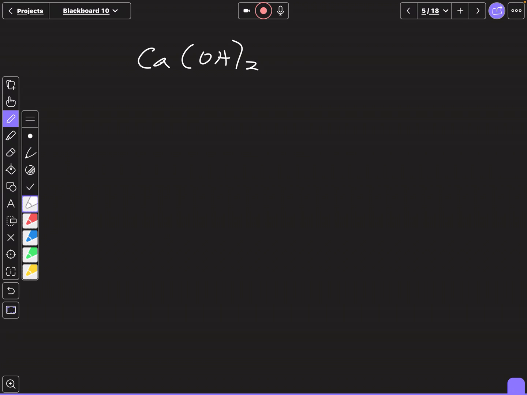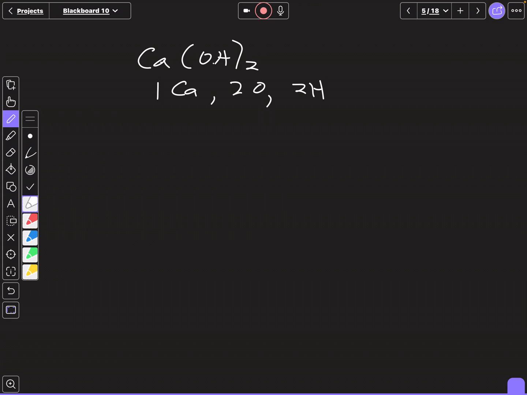If I have Ca(OH)2, remember, when I have something in parentheses, the number on the outside multiplies everything on the inside. So in this case, I would have 1 calcium, 2 times 1, 2 oxygens, and 2 times 1, 2 hydrogens.